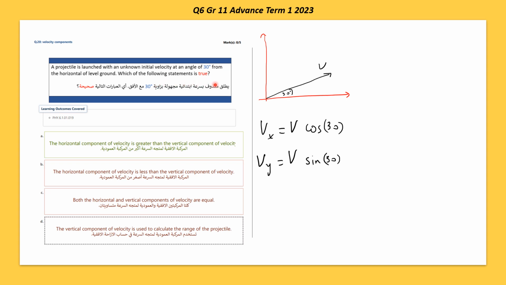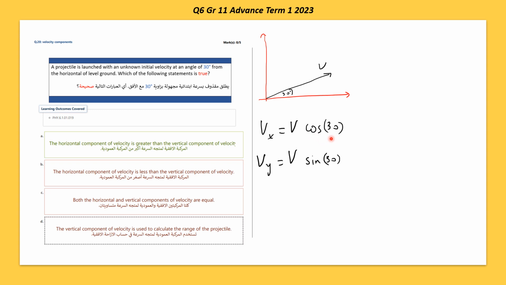Here we need to compare, because it's a motion in two dimensions, x and y. So of course the velocity vector will be divided into two, vx and vy. You can tell from this picture that vx is the adjacent side, so we need to use the cosine function. vy is the opposite side to the angle, so we need to use the sine.